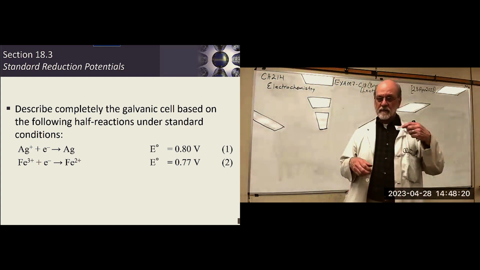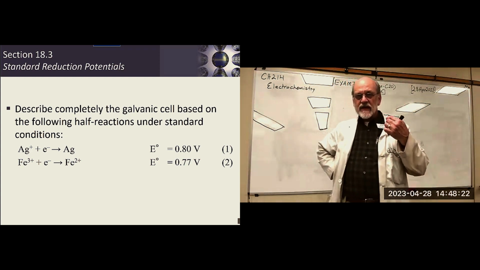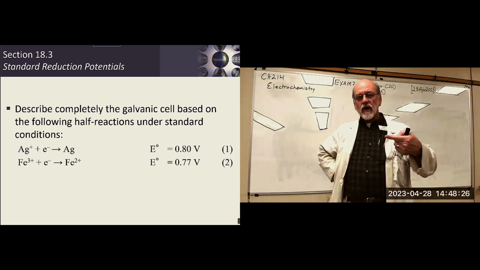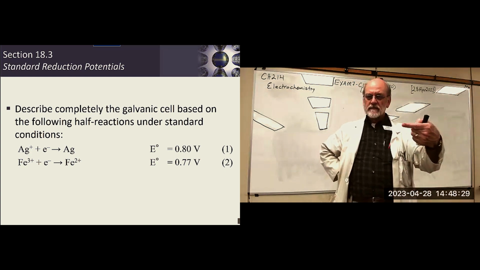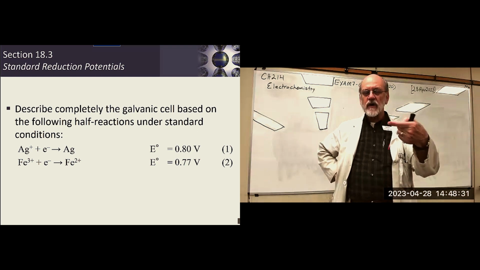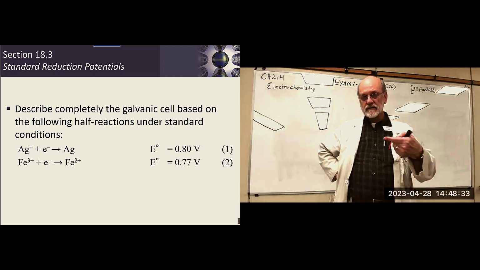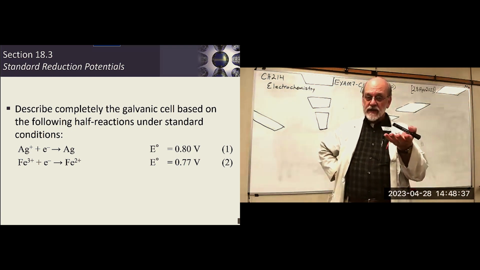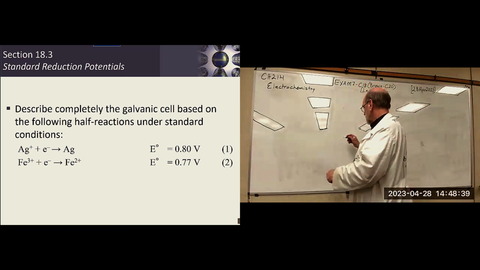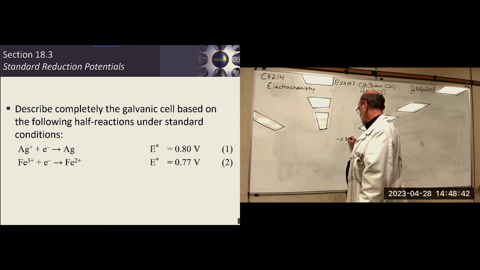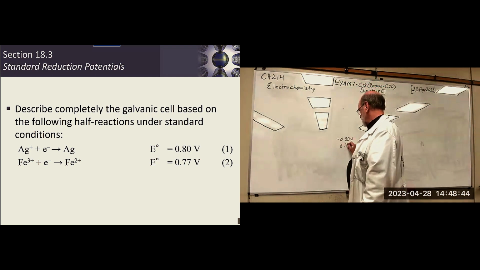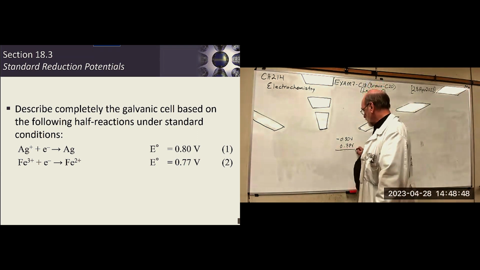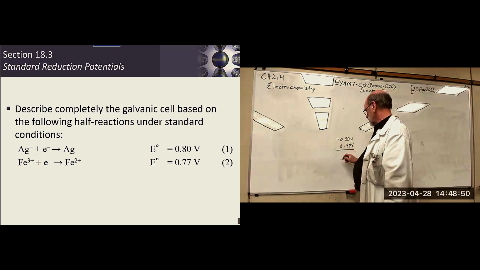So the way I do it is I say, all right, flip one of them. What happens if you flip the first one? Silver plus electron yields silver metal. If you flip that one to make it an anode, an oxidation, then you get a negative and a positive right there. So what do you get when you add those two together?